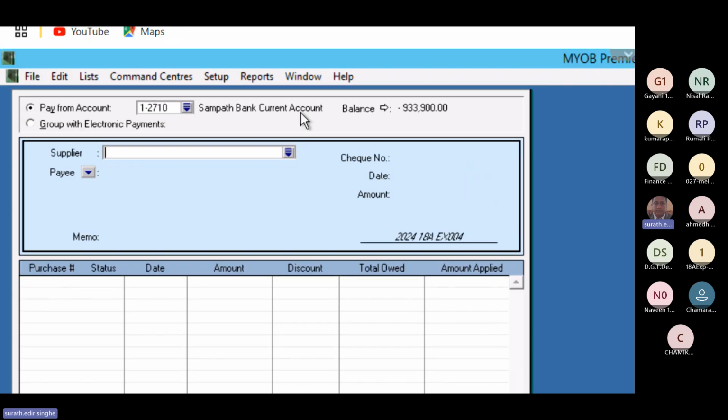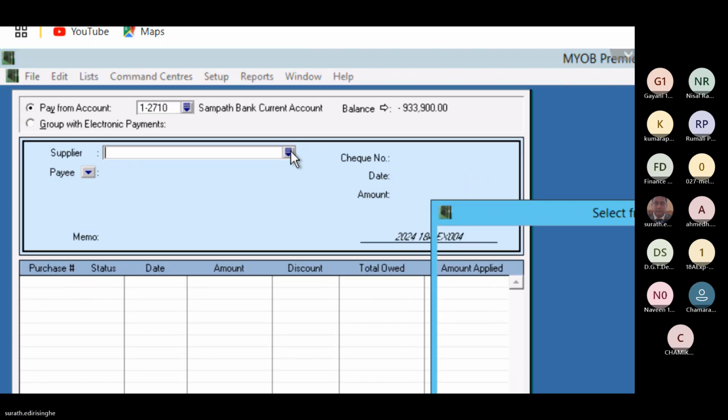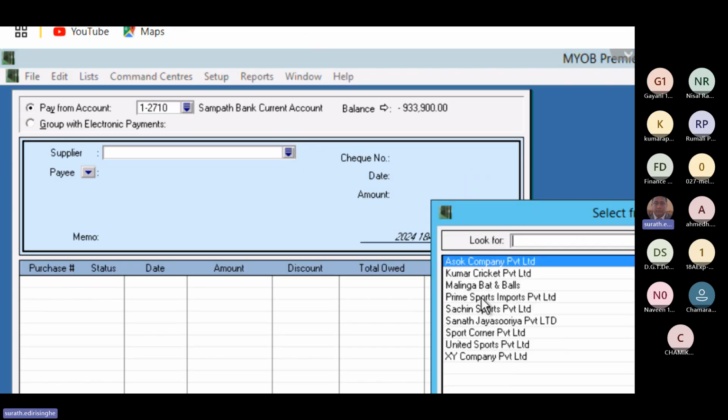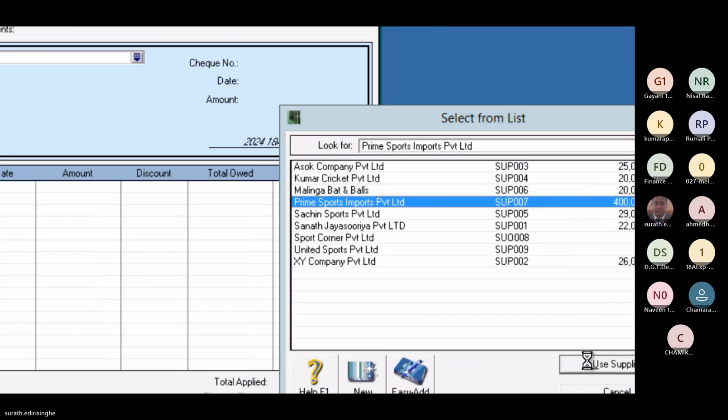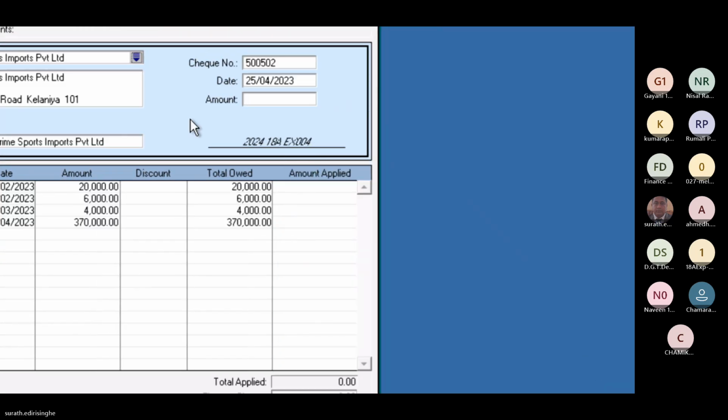Sampath Bank. Prime Sport. April 25th. Take on with the check number. 370. If we get a discount like 5,000 discount, then 365.